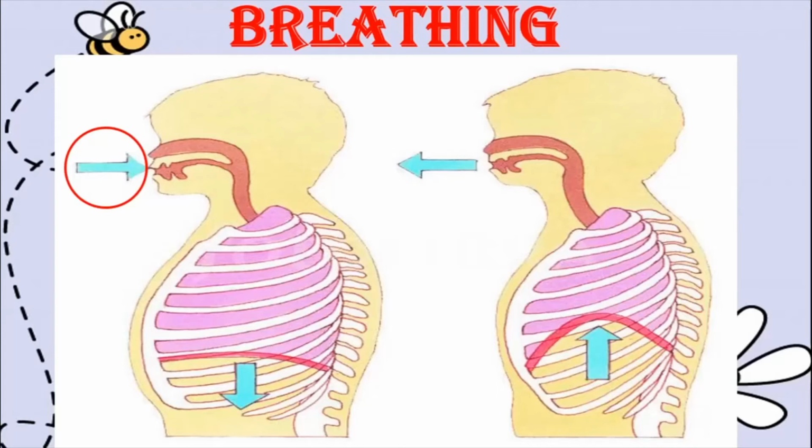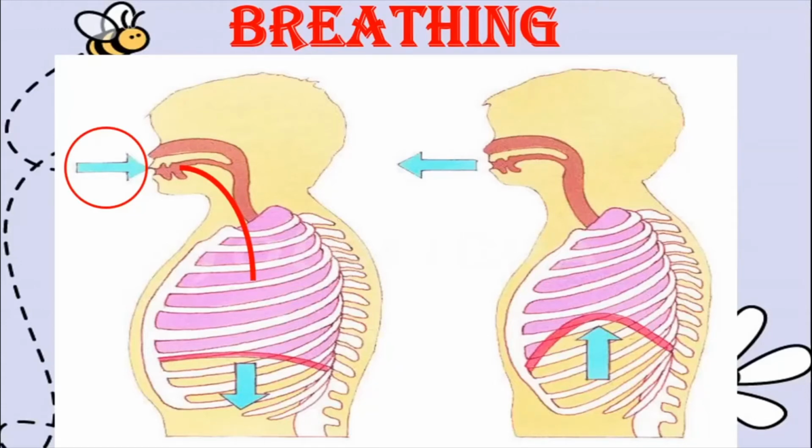And what is going in through the nose? It is oxygen or air which is going in through the nose. Where does it go from the nose? Let us see where this air goes in. See here, through the nose it is going into your lungs. And you can see in this picture the lung size has become big, isn't it?